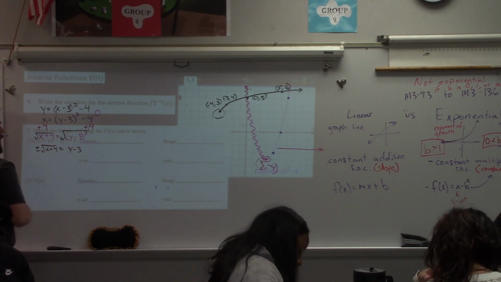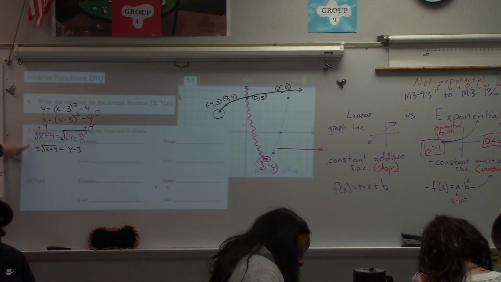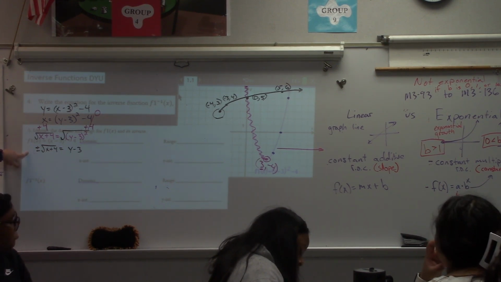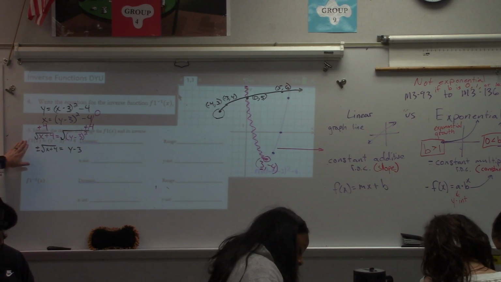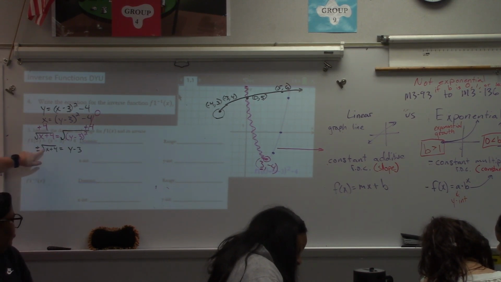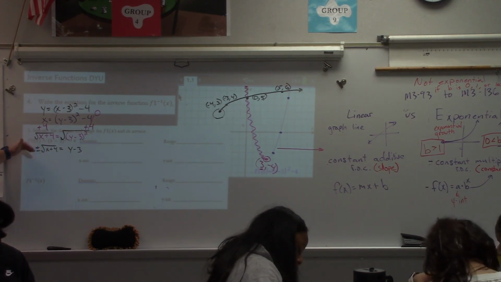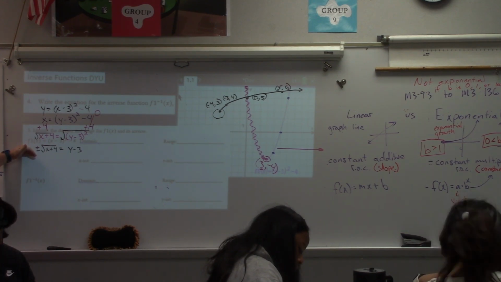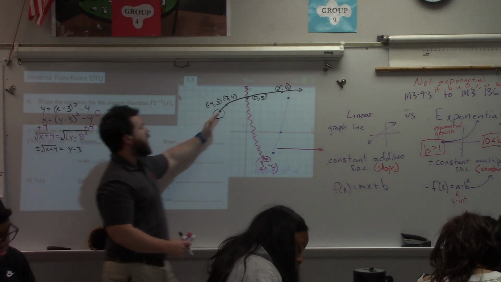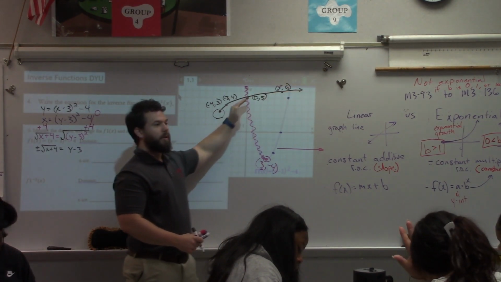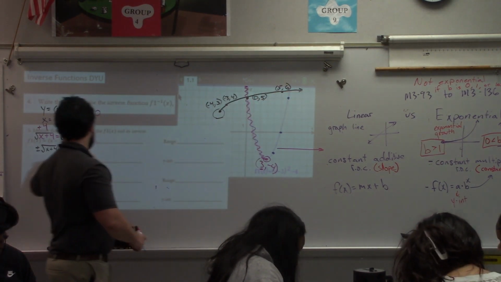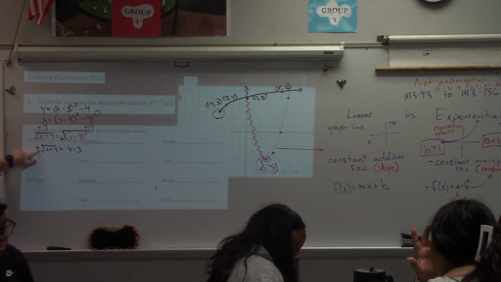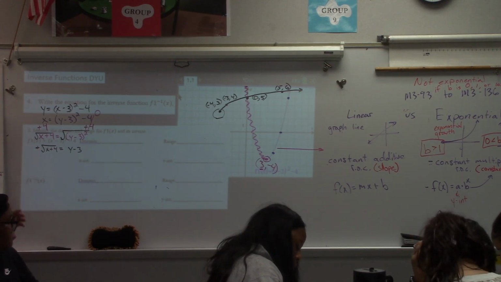Technically, when we take a square root, you always need a plus or minus. But that means one input is going to have how many outputs? 2. Do we want 2 outputs? No, because that would not be a function. In fact, we only have the top half of this sideways parabola, so I don't want positive and negative, I just want the positive.